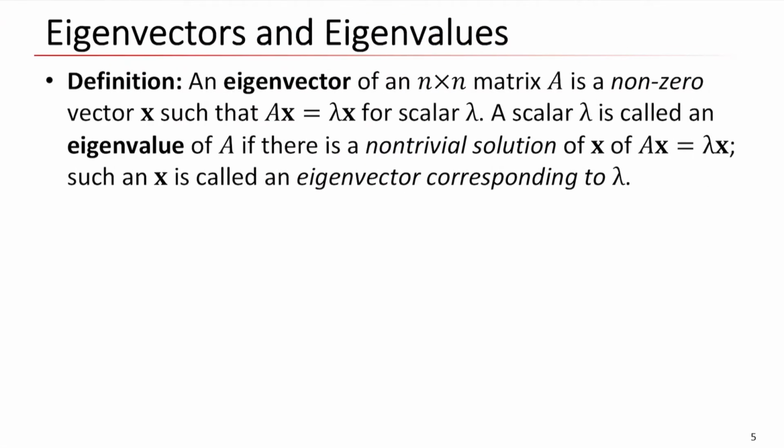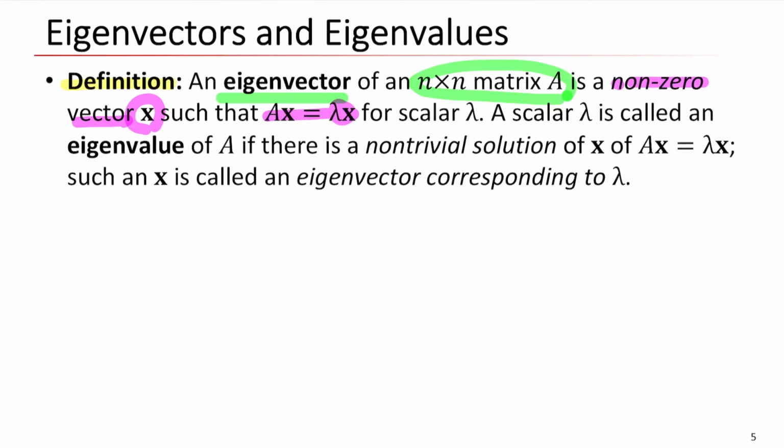Okay, so let me show the technical definition. An eigenvector of the n by n matrix A is a non-zero vector x such that Ax is equal to lambda x.